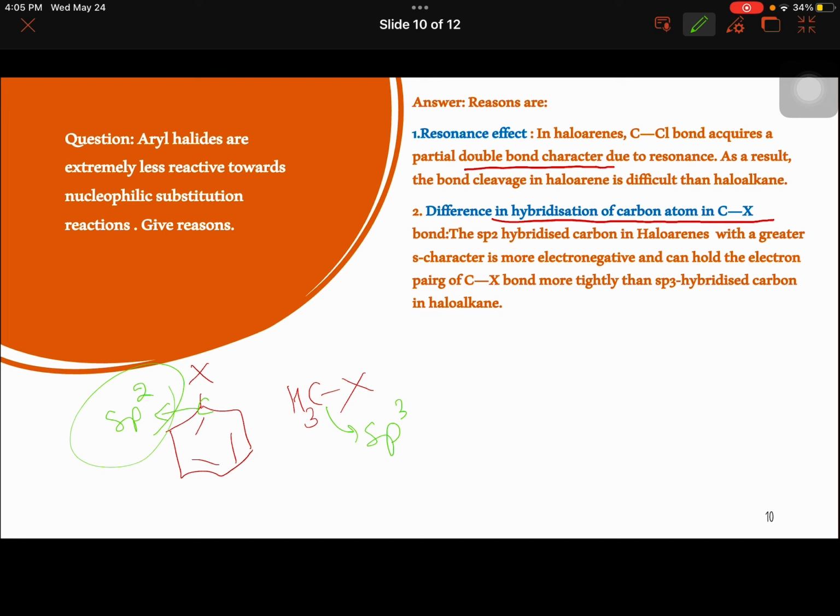So here you have more S character. More S character means the carbon becomes more electronegative and it can hold the electron pair of CX bond tightly. So if it is holding the electrons tightly, X cannot go out as X minus easily. So if X minus is not going out, how will the nucleophile come and show the substitution reaction? So this is the second reason.